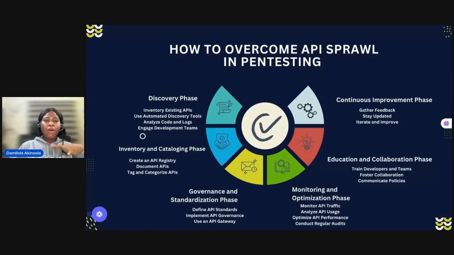You want to gather all API specifications from sources like OpenAPI documentation or whatever API specification you use. It could be Postman collections or even internal documentation. So you want to check your API gateways as well. You want to look at them, see what APIs you have registered there. You want to, of course, just bring them and have them somewhere.